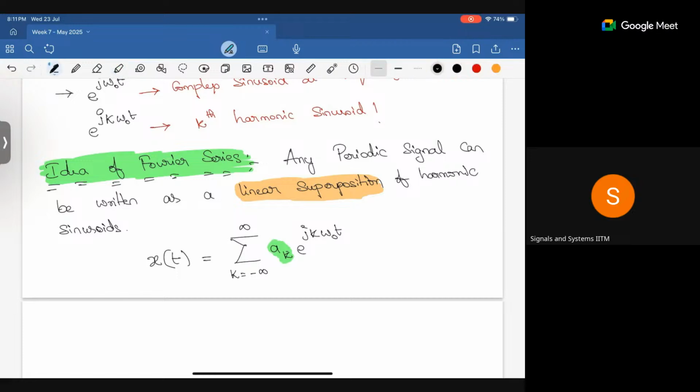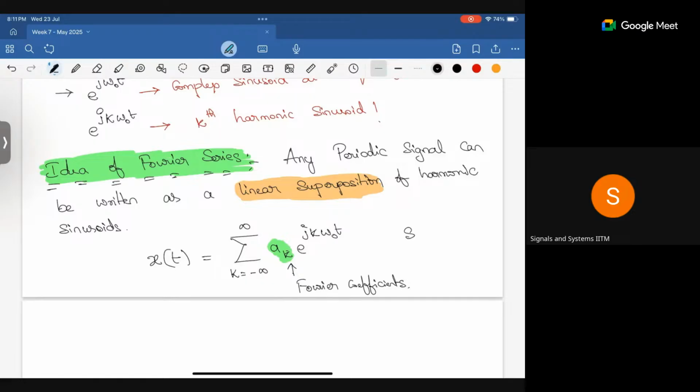From the name itself, you can see, right? They are just the coefficients of each harmonic sinusoid. So how much weight each harmonic has, those are the coefficients. So these a k's are Fourier coefficients, right? And this expression is called the synthesis equation.